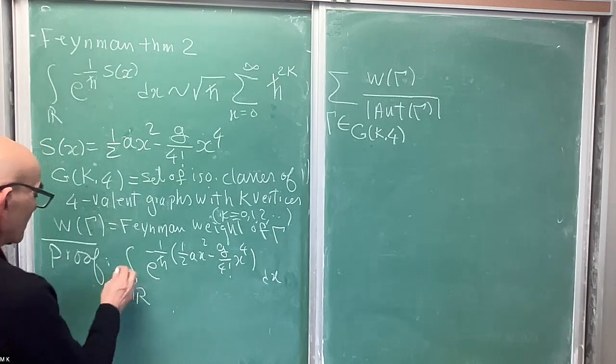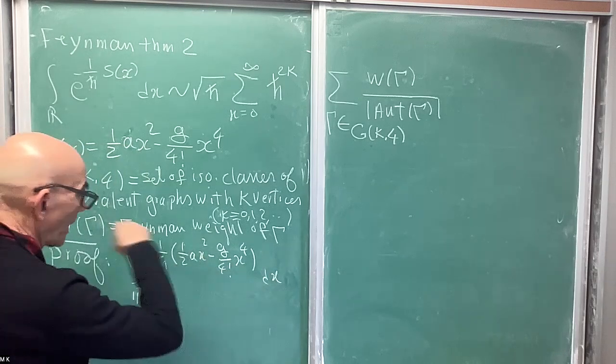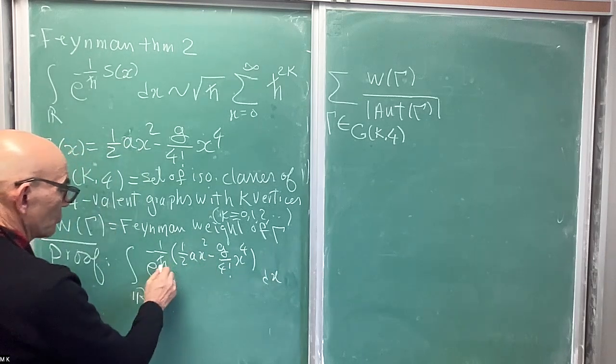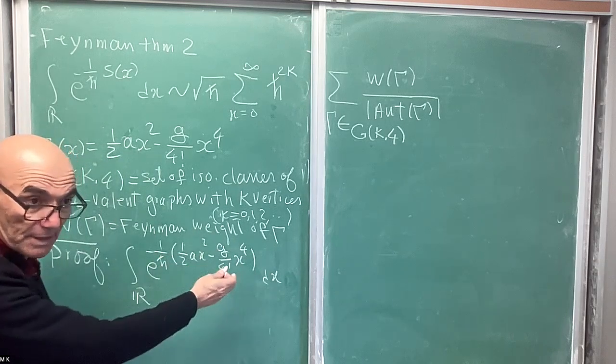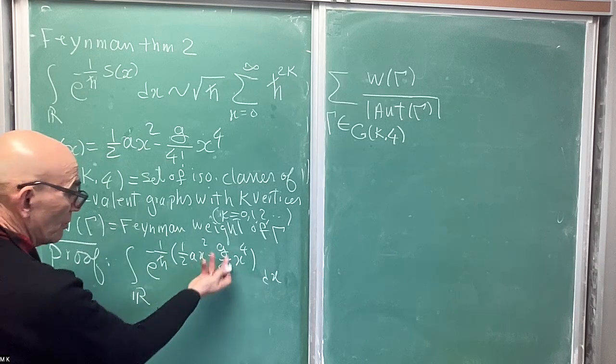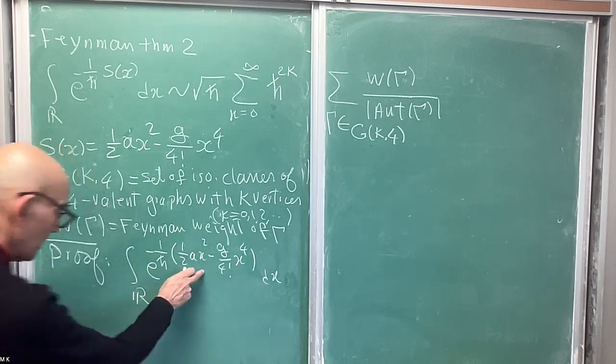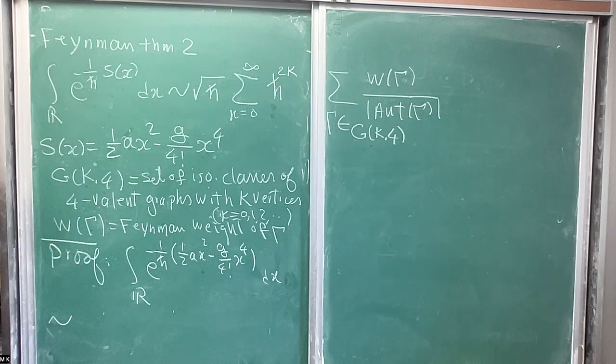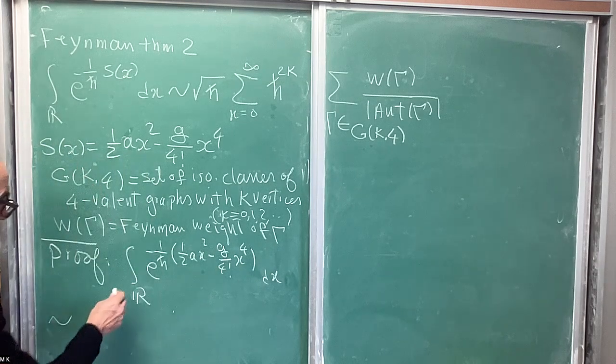What we do, we say that this is given by a simple expansion if we write this exponential as a series and then commute summation and integration. This is part of a very general theorem from asymptotic analysis.